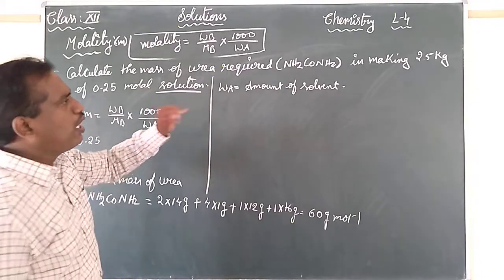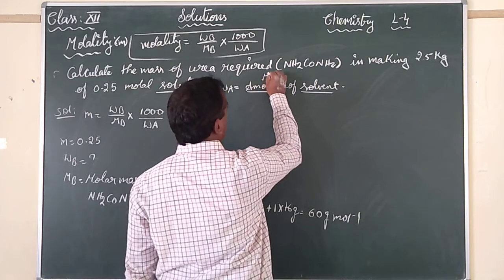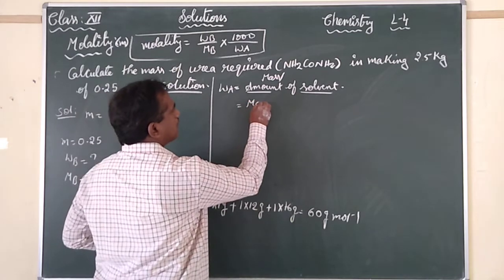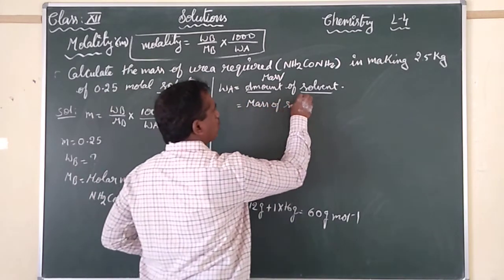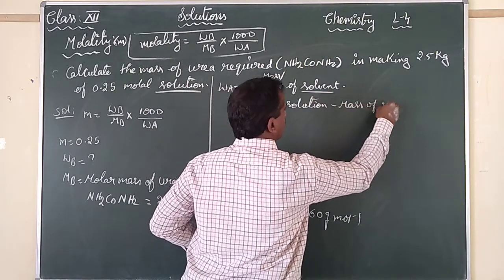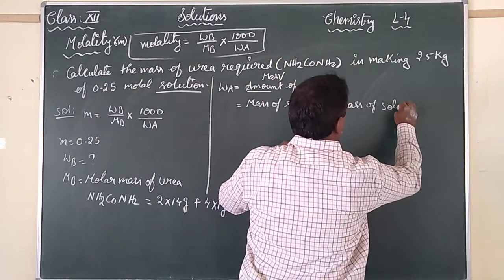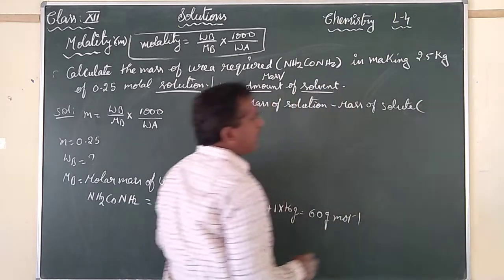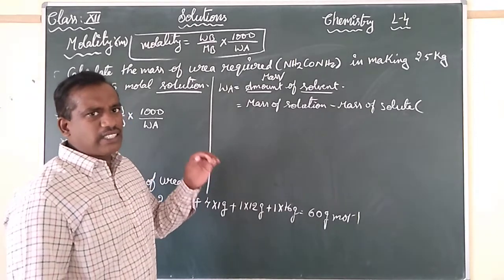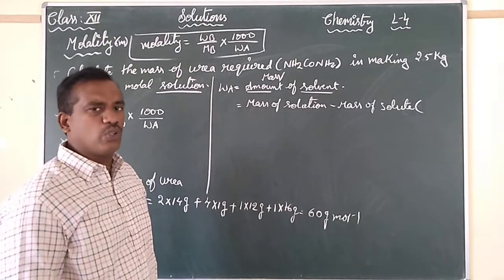Here, if you want to know the mass of the solvent, we can find it as mass of solution minus mass of solute. Generally this mass of solute means, in this case, the mass of solute in the solution.